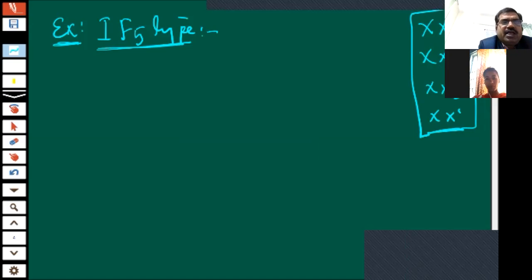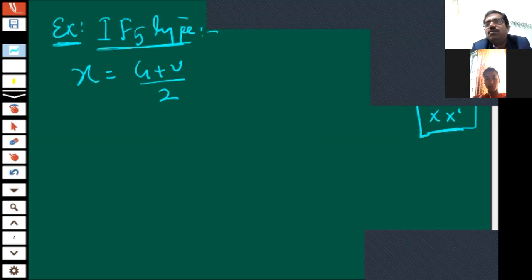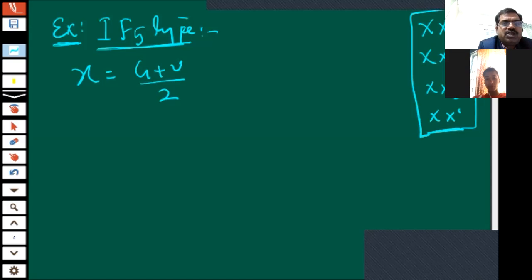Now let us again calculate X, which is (G plus V) divided by 2, to find whether it is sp3d2 type. Here you know that G equals 7 and V equals 5.